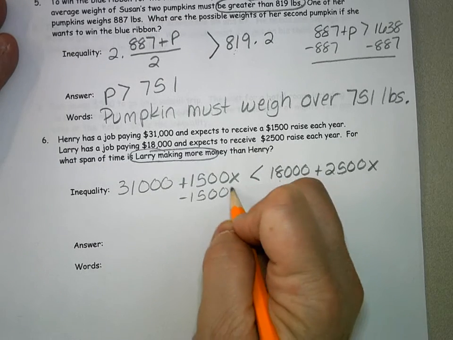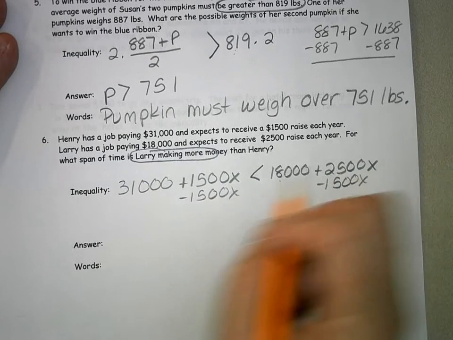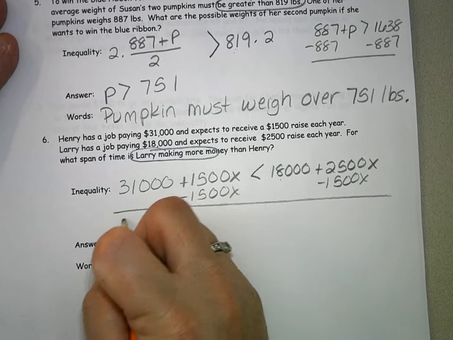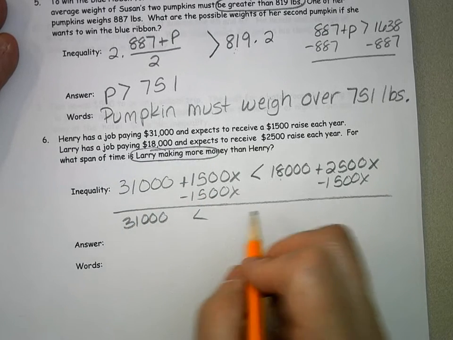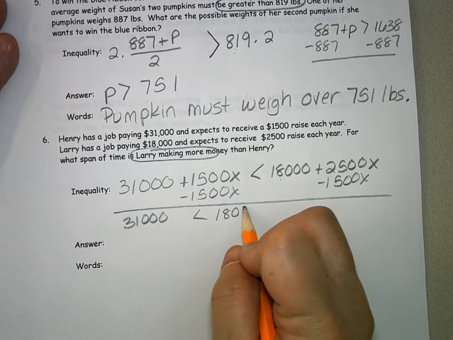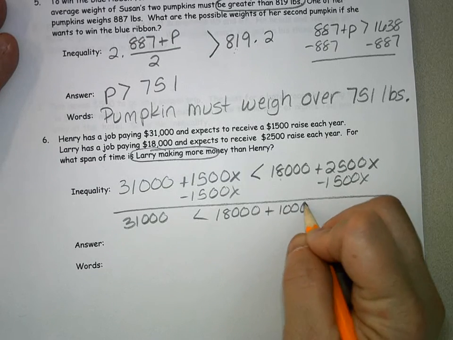So you subtract 1,500x from both sides, and you have 31,000 is less than 18,000 plus 1,000x.